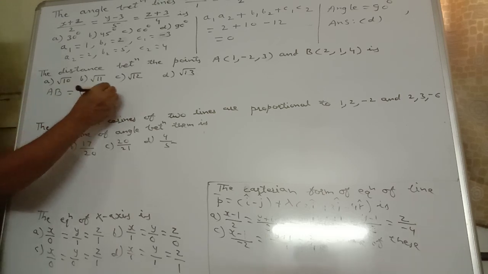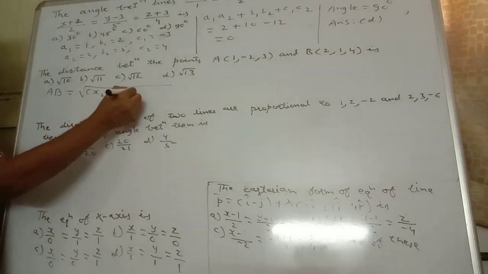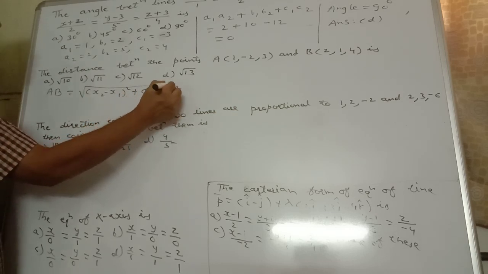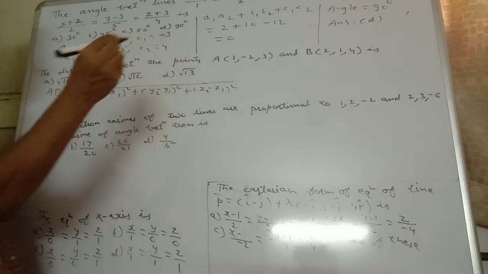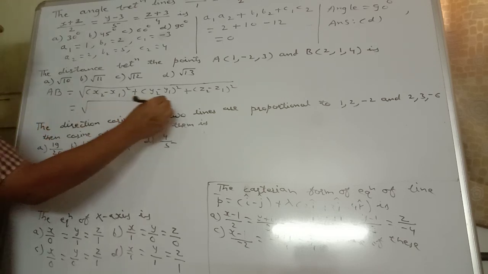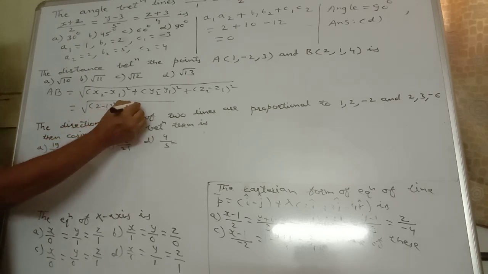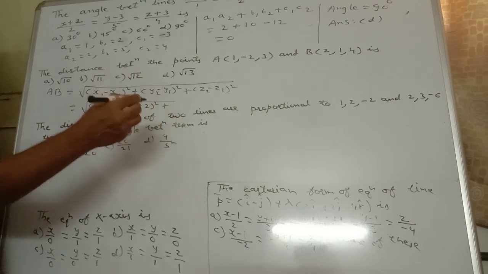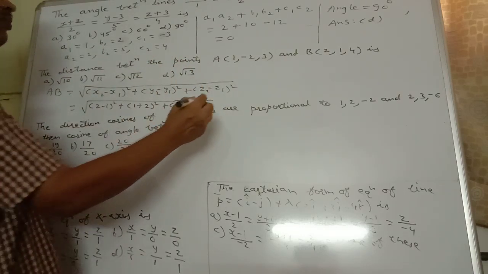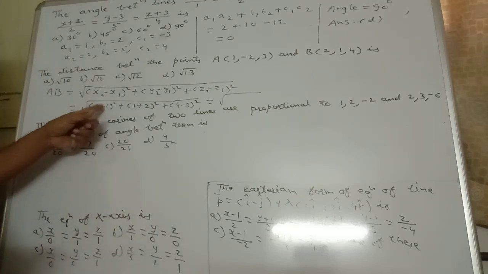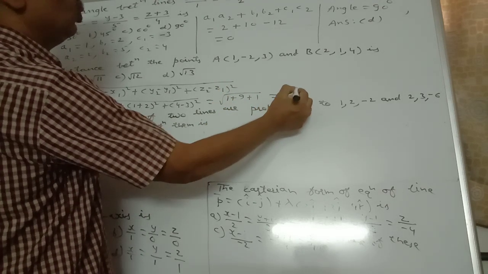Distance AB is given by under root (x2 minus x1) whole square plus (y2 minus y1) whole square plus (z2 minus z1) whole square, equal to under root (2 minus 1) whole square plus (1 minus minus 2) whole square plus (4 minus 3) whole square, equal to under root 1 square 1, 3 square 9, 1 square 1, root 11.